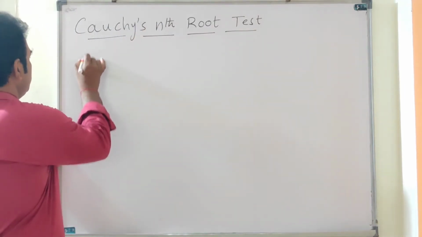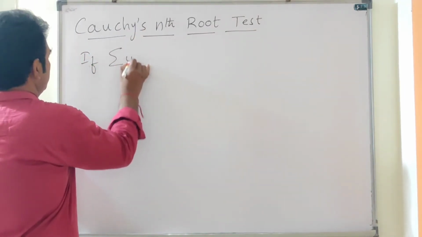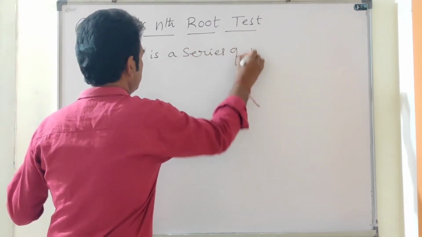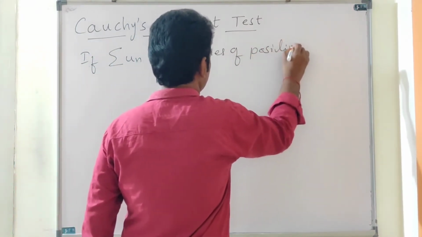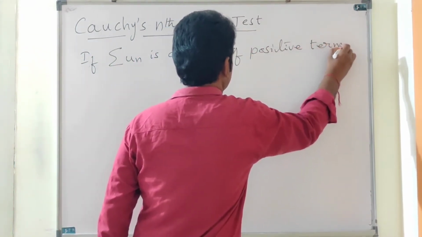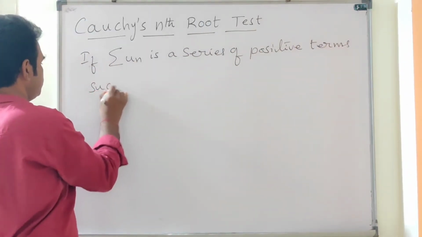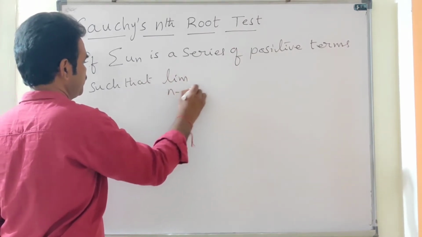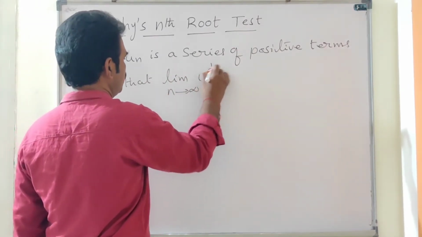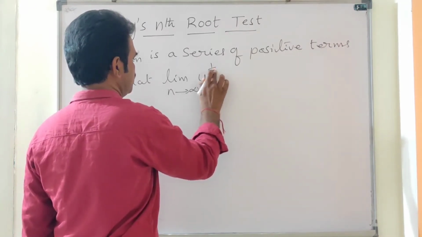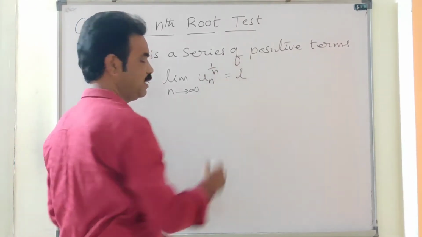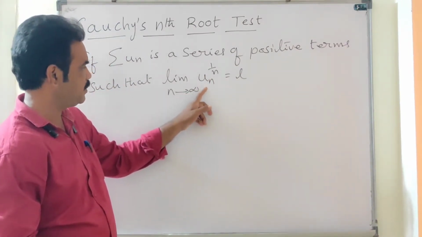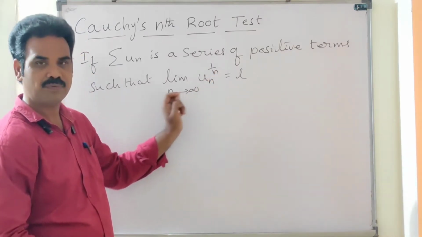Statement: if sigma un is a series of positive terms such that limit n tends to infinity, un power 1 by n is equal to L. Here un power 1 by n means nth root of un.